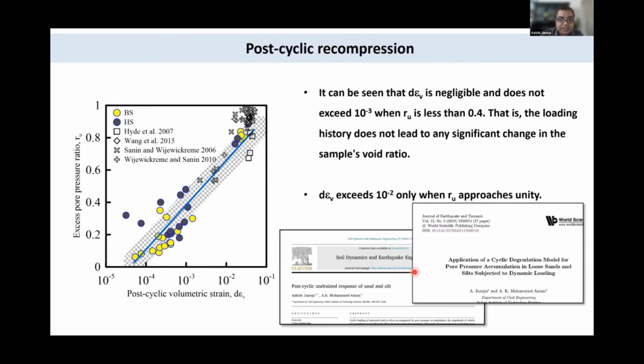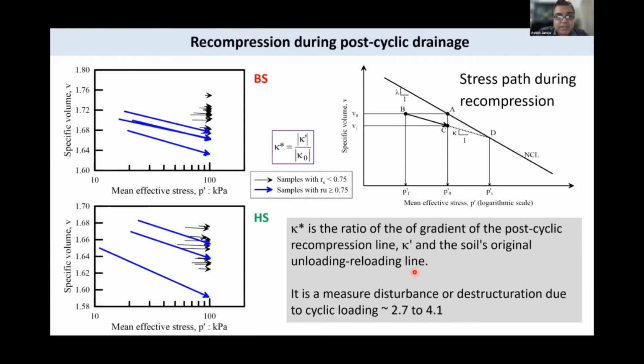But it's interesting to see what really happens. This is probably the last thing I would like to highlight: with samples which have RU less than 0.75, you can take it as a magic number, the unloading-reloading line, shown by black arrows over here, doesn't make much of a difference. The property of the URL, or the kappa as we say, is the same.